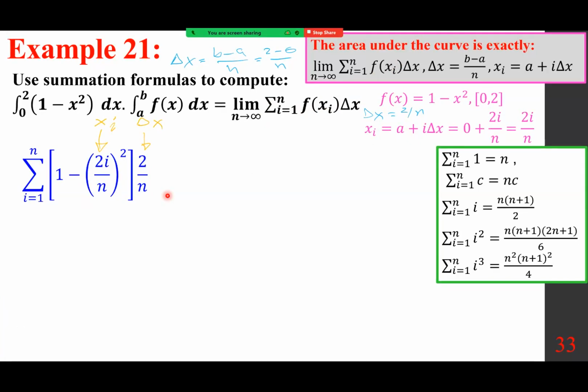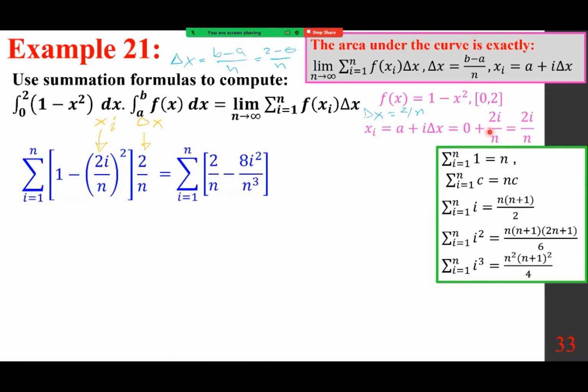So let's do that. 1, I'm going to multiply by 2 over n, I get 2 over n. I'm going to multiply it by this one. This one, 2 squared is 4, so this is 4i squared times 2 becomes 8i squared. So minus 8i squared, this is over n squared, and n becomes n cubed. In other words, distribute, I don't believe anybody has any problem with that.